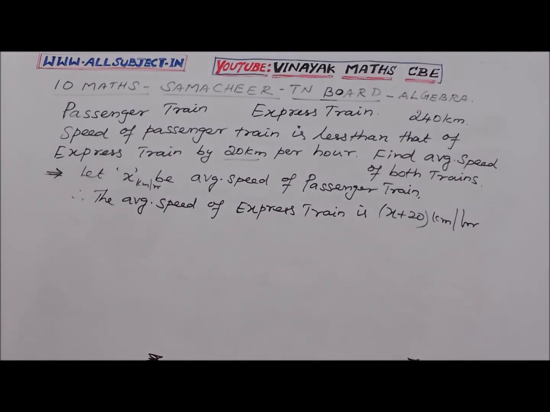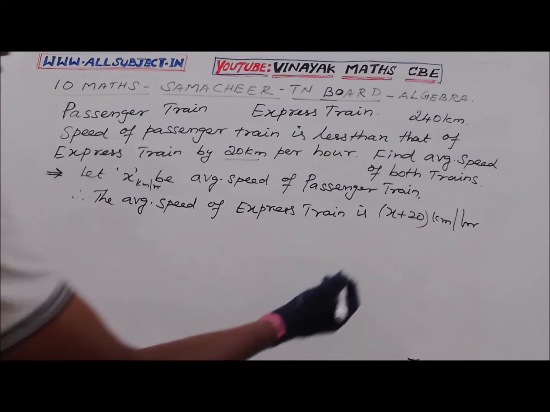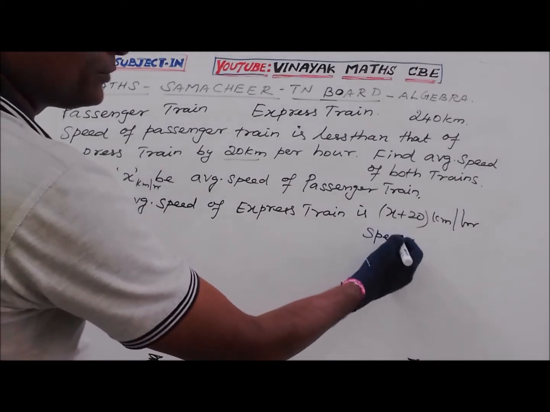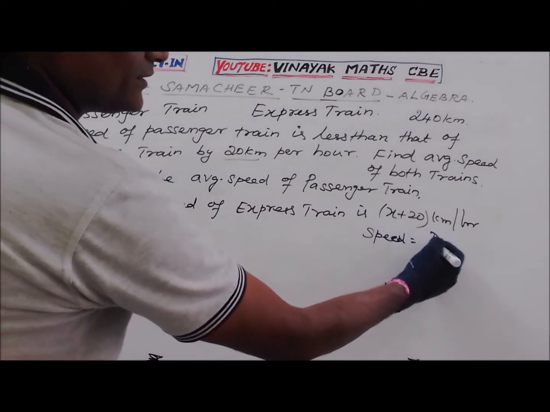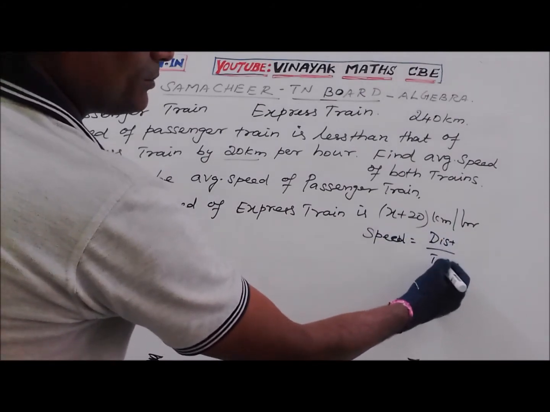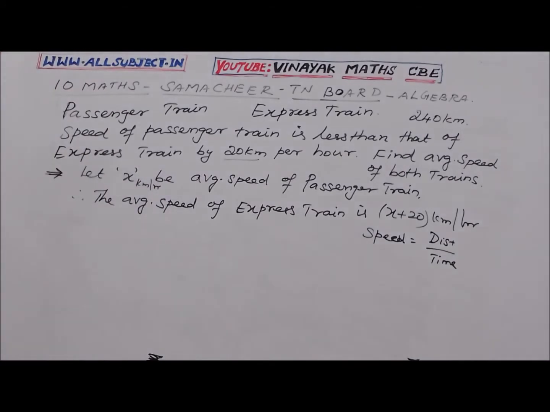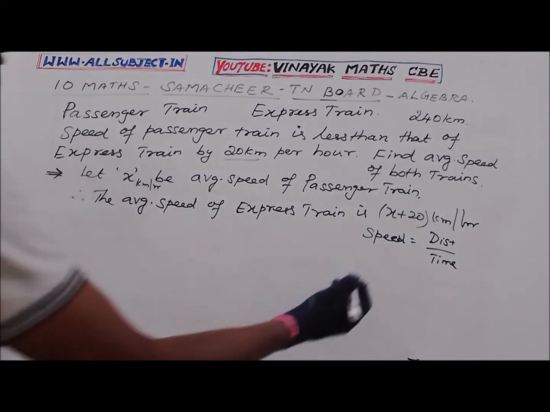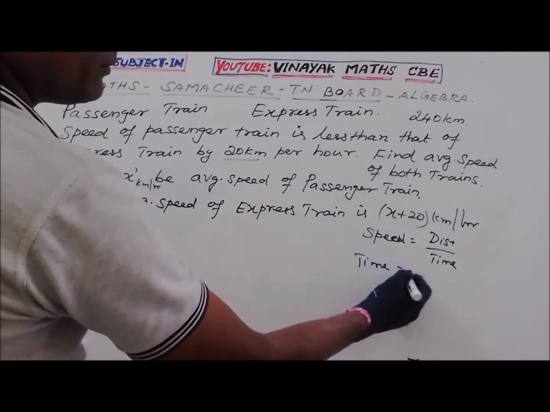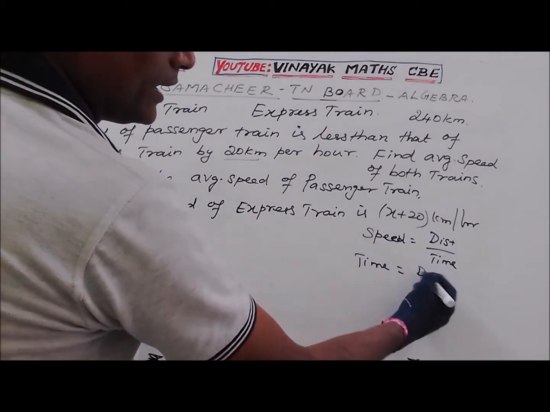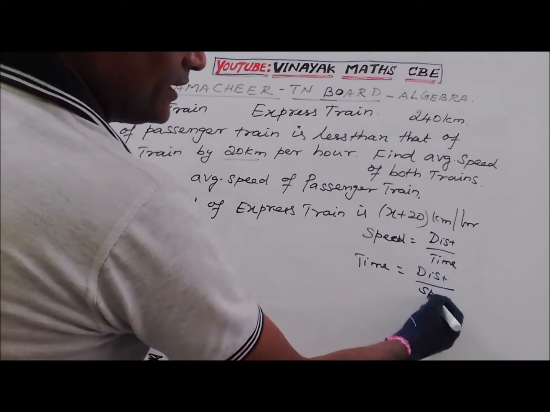We have the formula speed equals distance by time. From it, time equals distance divided by speed.